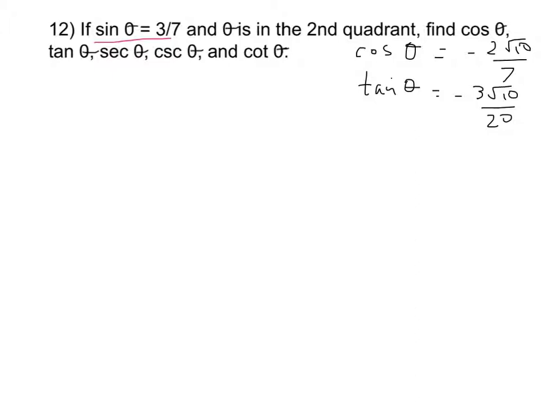Now once you have these values, the other three trigonometric functions, the secant, the cosecant, and the cotangent, can all be found by doing reciprocals, essentially, of our primary functions.